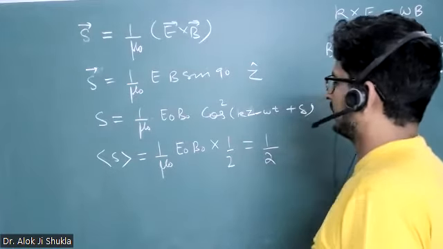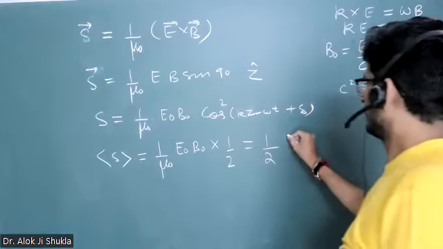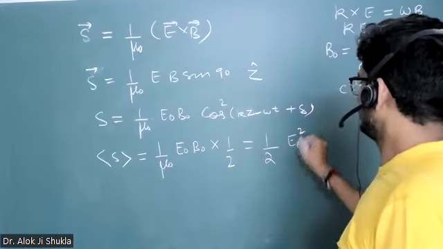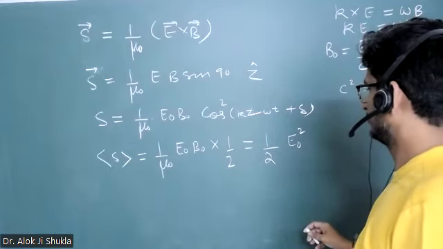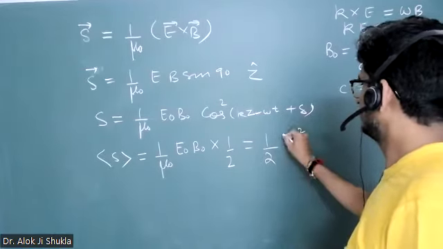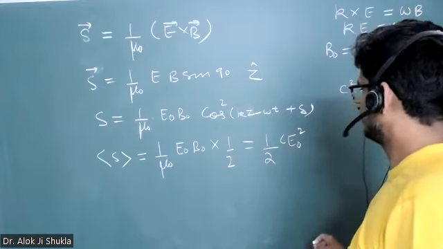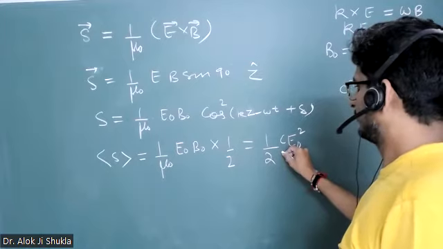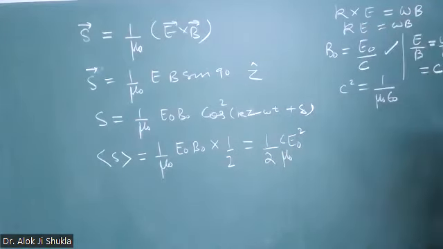This B naught is E naught by C. So E naught squared by C by mu naught.